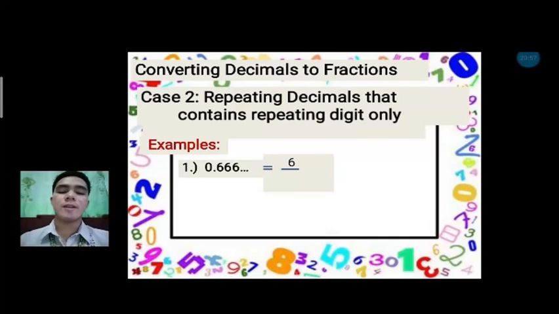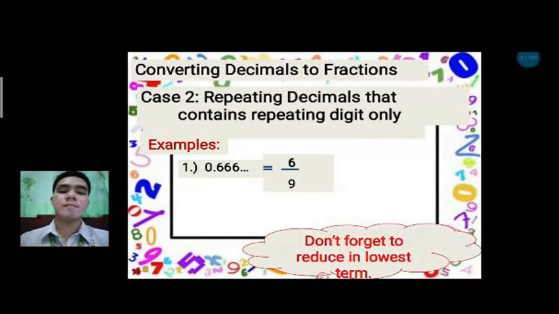Therefore, the number of 9s in the denominator is also 1. So we have 6 over 9. What will be its lowest term? We are able to divide 6 and 9 by 3. So 6 divided by 3 is 2, 9 divided by 3 is 3.